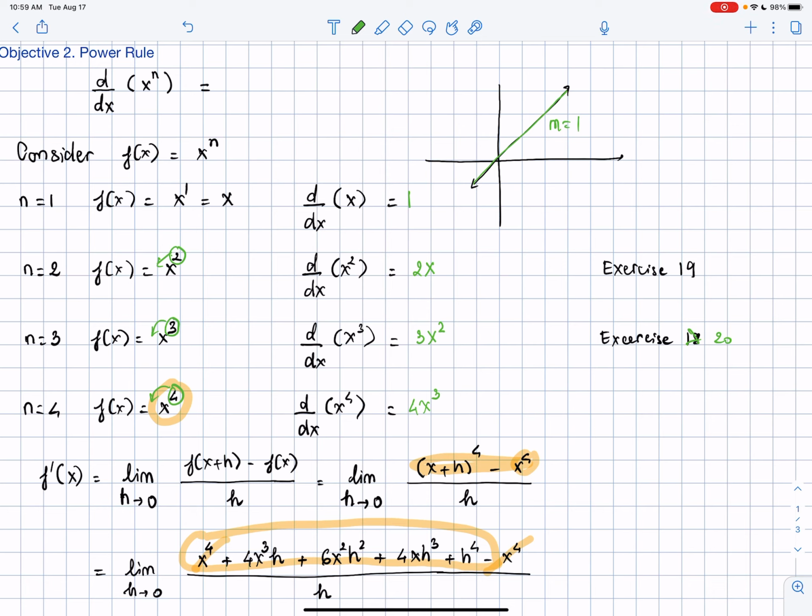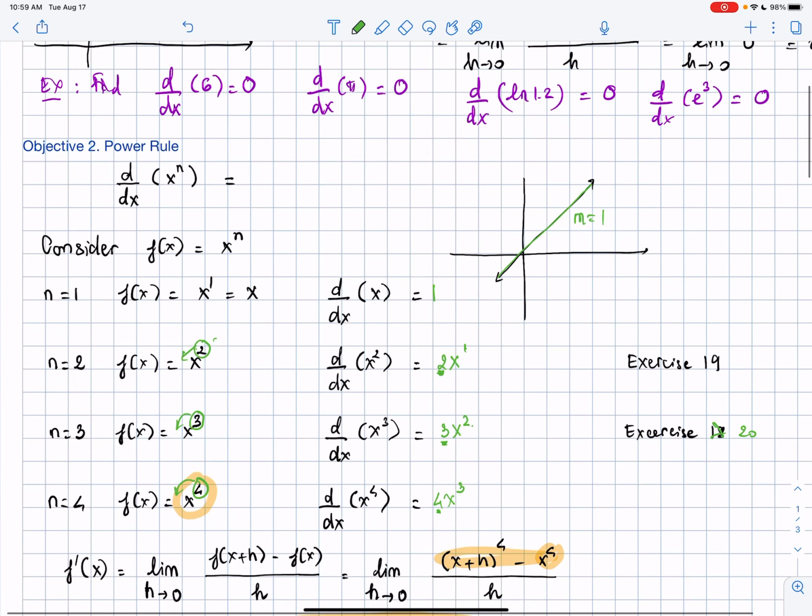So 2 goes down, that's why we have 2 here, 3 here, and 4 here. And then the exponent decreases by 1 unit: exponent 2 becomes 1, 3 becomes 2, and 4 becomes 3.